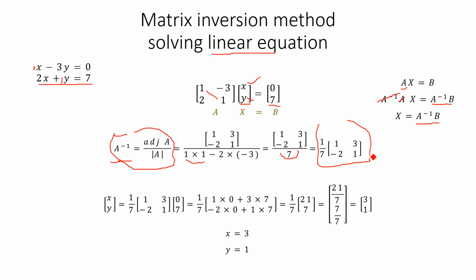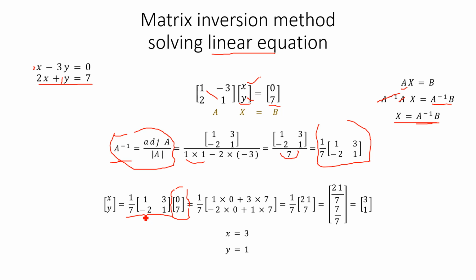Now we are going to substitute the values of matrix X, A inverse, and matrix B in this equation. So we will have matrix X, which is x, y, is equal to A inverse, 1 over 7 into 1, 3, minus 2, 1, and this is matrix B, 0, 7.